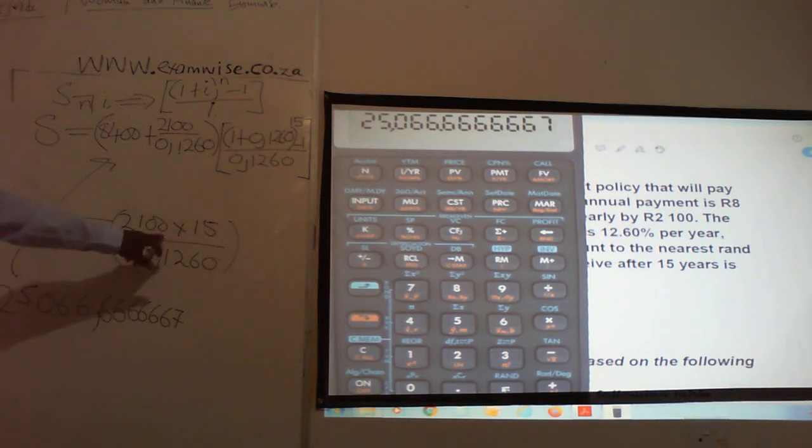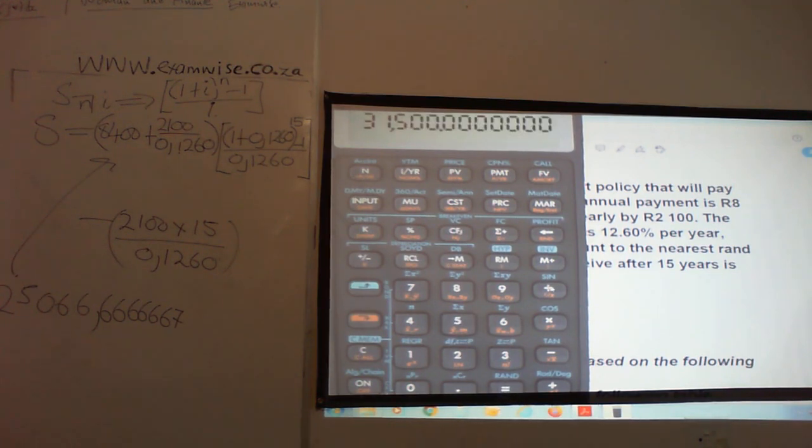So let us go to this one. In this case, we start by saying 2100 multiplied by 15, then we divide by that one. So here we can clear our memory. Then we say 2100, multiply by 15, and then equals.